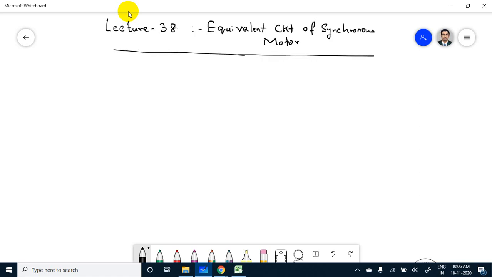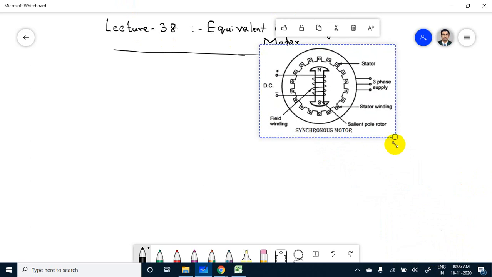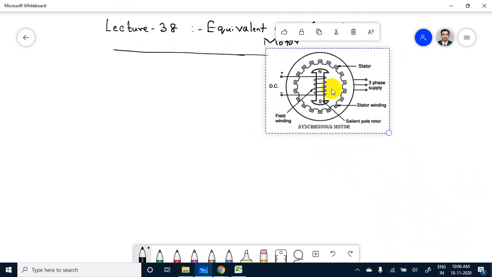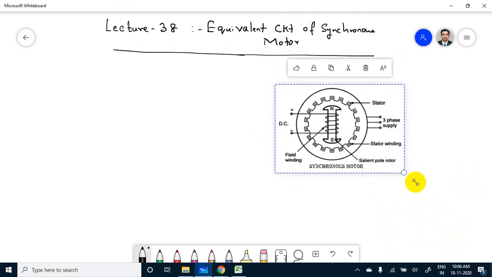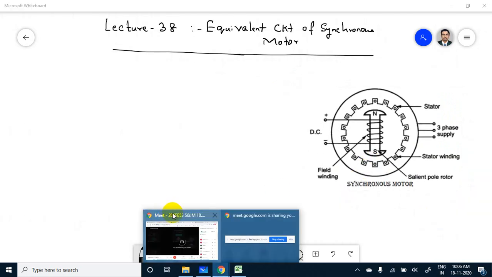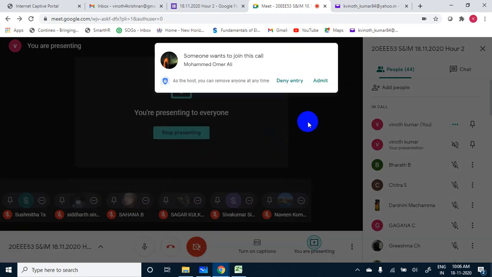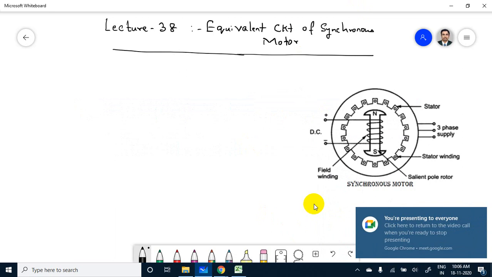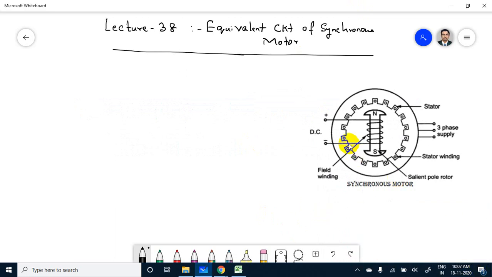Synchronous motor. You are already familiar with the construction of the synchronous motor. There are two major parts in this construction: one is the stator, another one is the rotor.